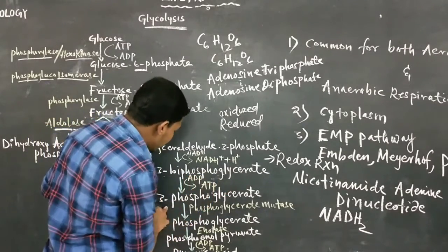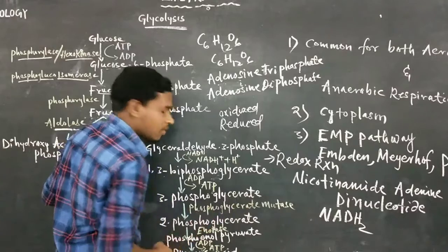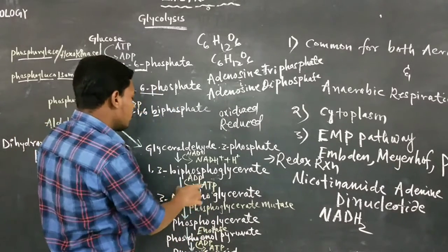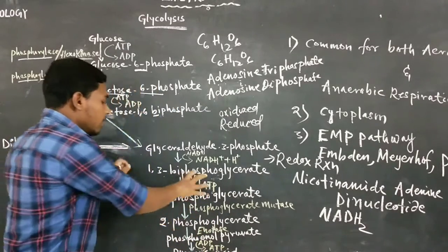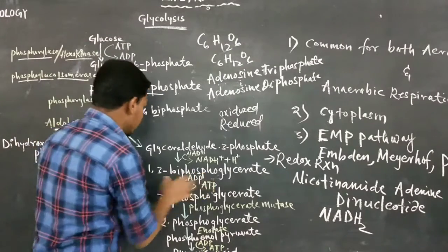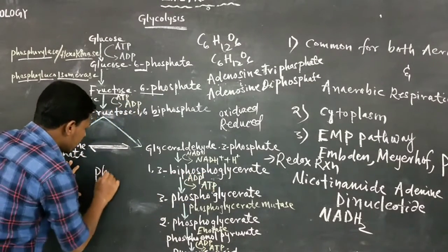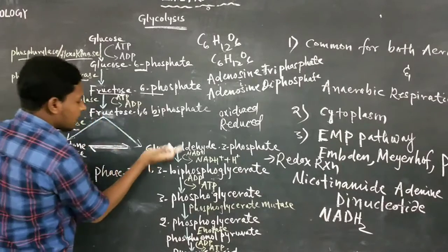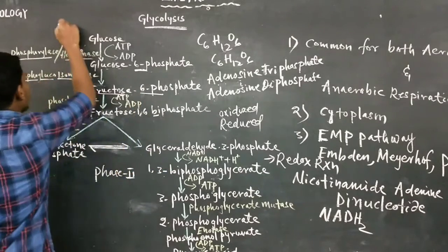1,3-bisphosphoglycerate gets converted into 3-phosphoglycerate, and here again synthesis of ATP takes place. Now this is phase 2, and from here that is phase 1.